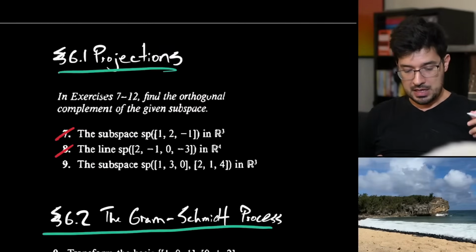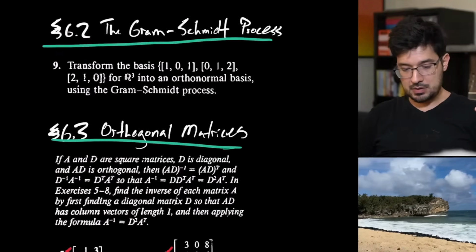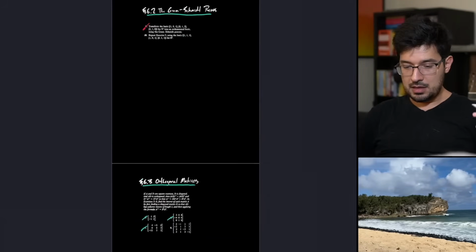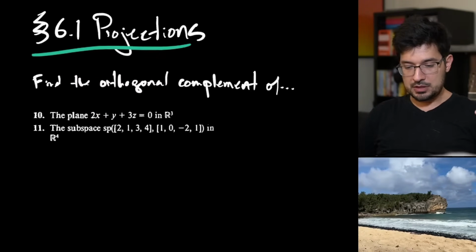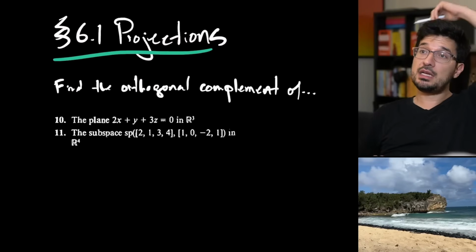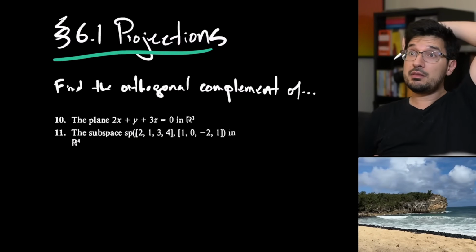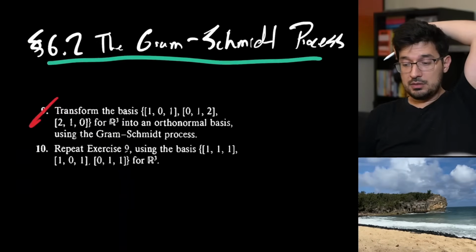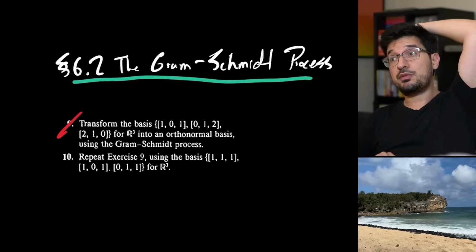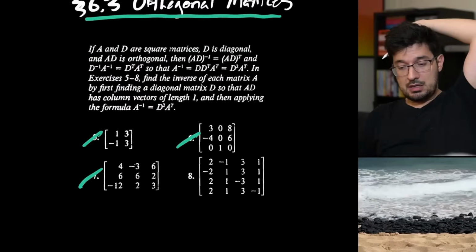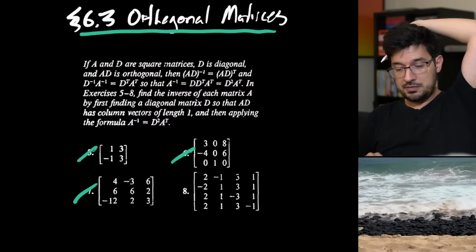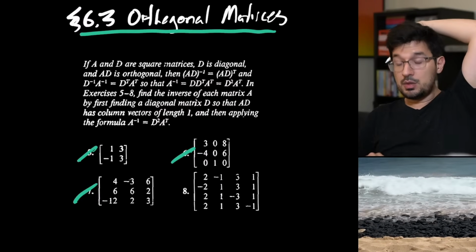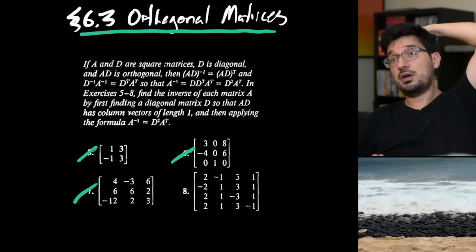So I went ahead and copied out some of the problems that we're going to be working today. Let's see. Projections. First, we're going to find orthogonal complements of subspaces. Then we're going to apply the Gram-Schmidt process. Then we're going to use a fact about orthogonality to compute an inverse of a matrix.